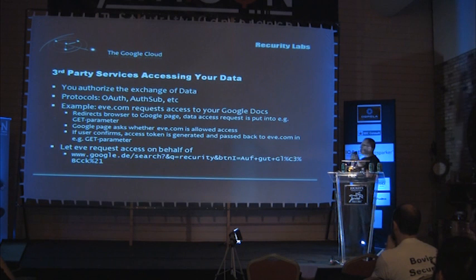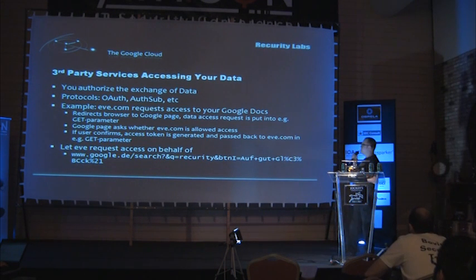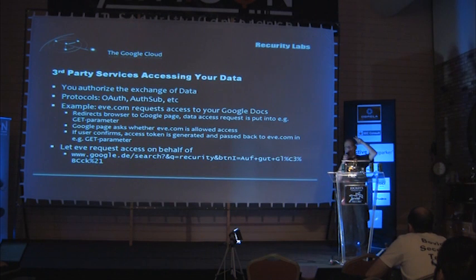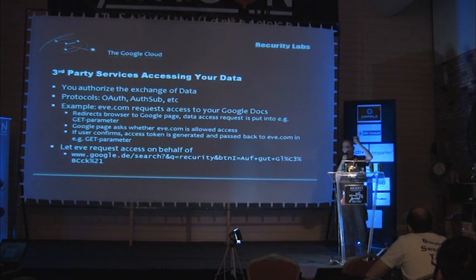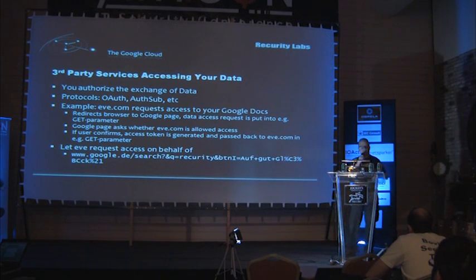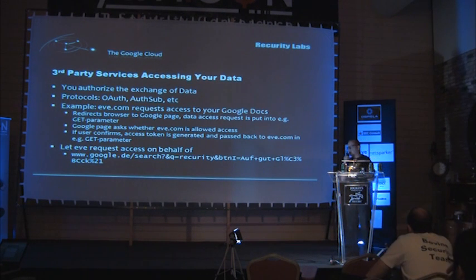And this whole authorization and exchange of data thing really doesn't work too well even on Google's side. An example being, if one site wants to access your data in Google Apps, you get a little website from Google that says, well, do you want to allow eve.com to go and steal your data?